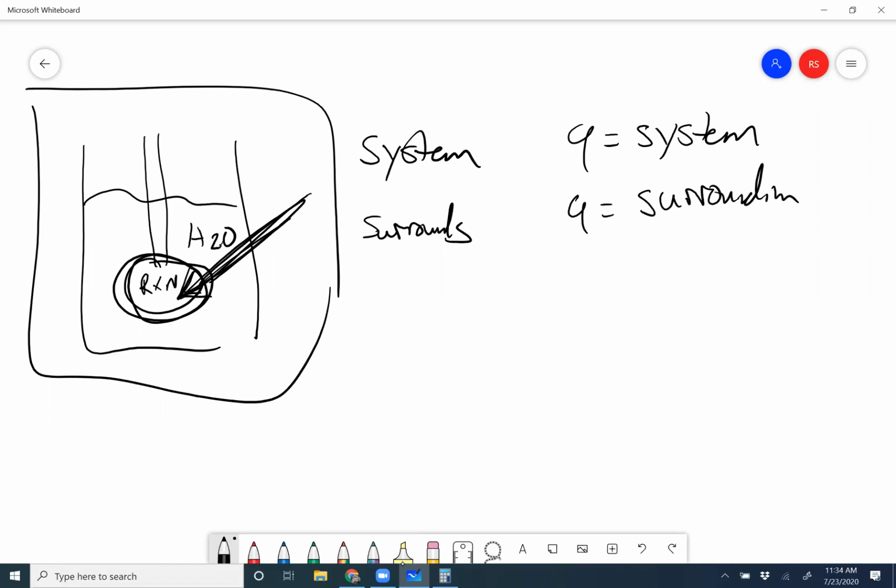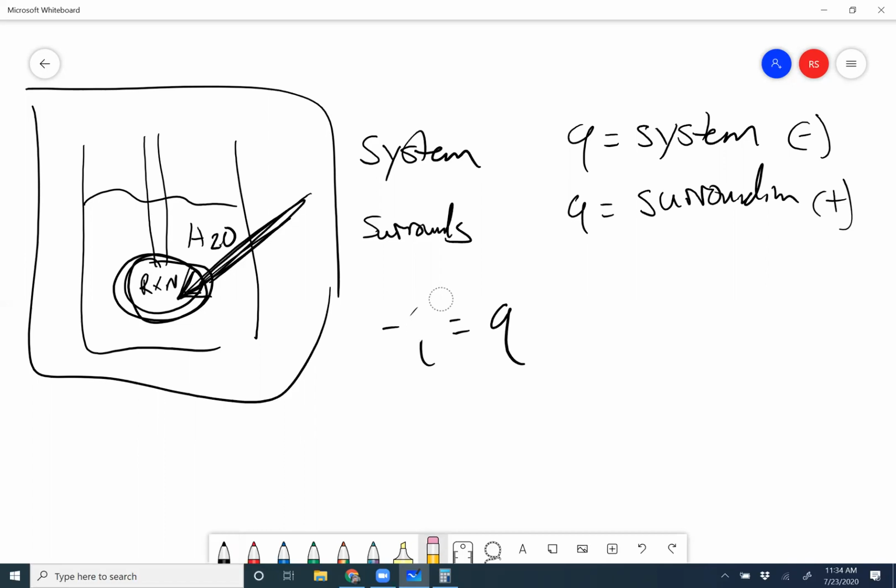So if the system loses energy, so if the system has a Q that is negative, then the surroundings' energy will be positive because it's going to gain that energy. Or vice versa. If we have a system that is going to gain energy, then it's going to have to lose it from the surroundings. So basically, the negative Q of one thing will equal the Q of another thing. Whether that is system or surroundings, that is interchangeable.